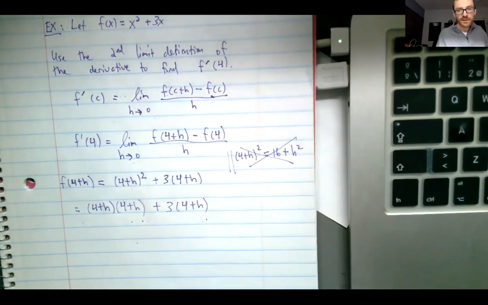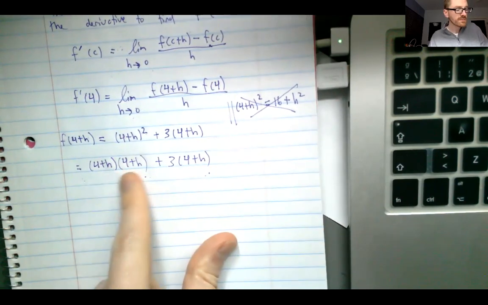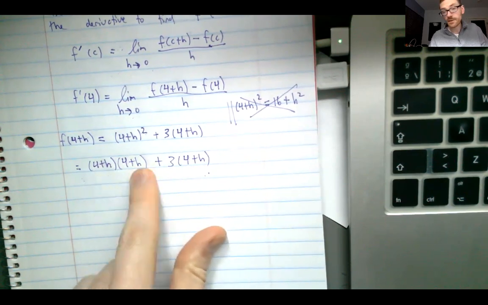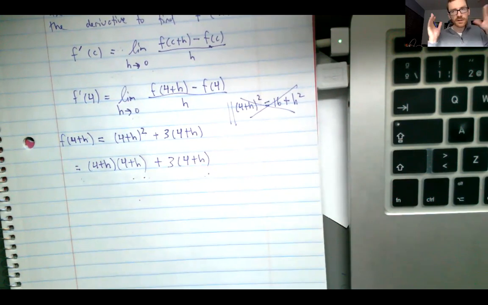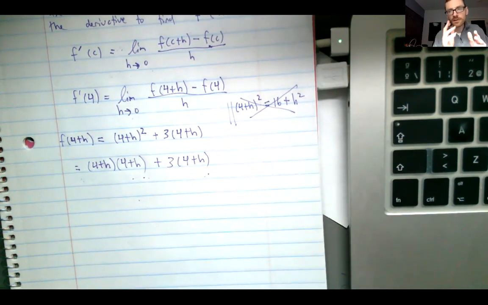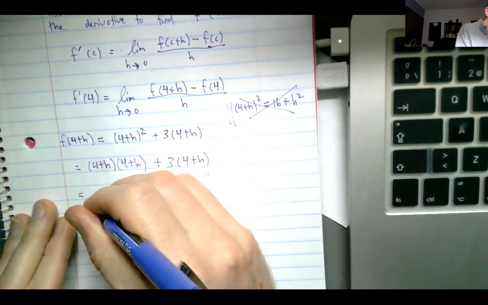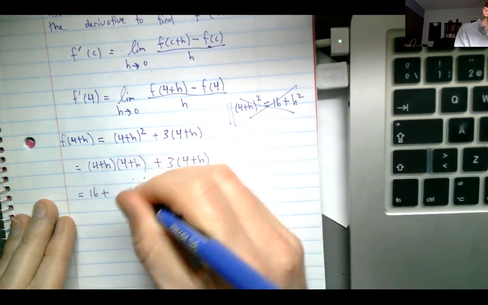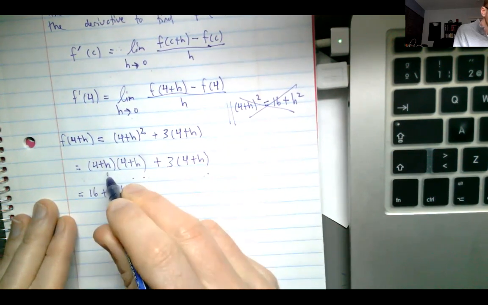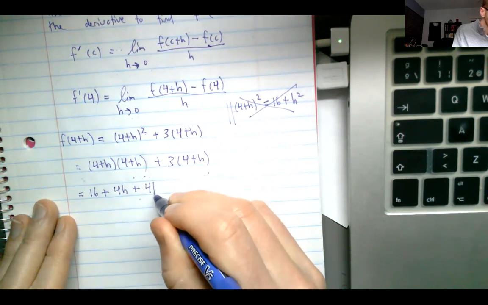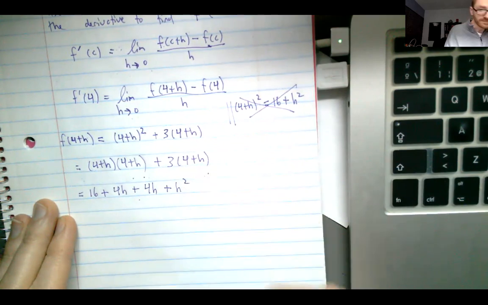All right, so what do we do now? We need to simplify this, right? We need to multiply all this stuff out. We need to distribute the 3, and then we're going to have a bunch of terms, and we need to collect the like terms and put them together. So 4 times 4 is 16, plus 4 times h is 4h, plus h times 4 is, again, 4h, plus finally h times h is h squared.